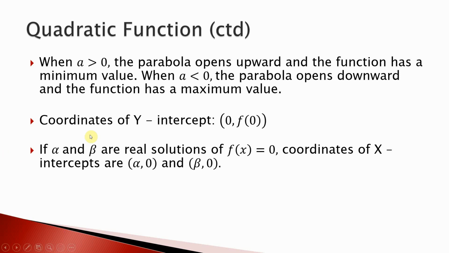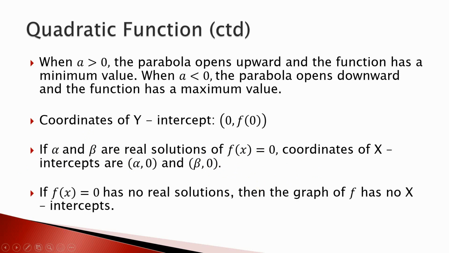So this alpha and beta have to be real. Okay, they have to be real. So if they are complex, then there won't be any x-intercepts, so the graph will not touch the x-axis. Okay, so if the roots of this equation are not real, that means if they are complex roots, then the graph will not touch the x-axis.